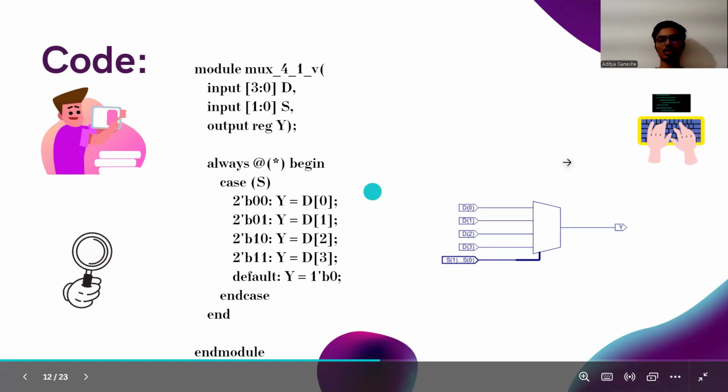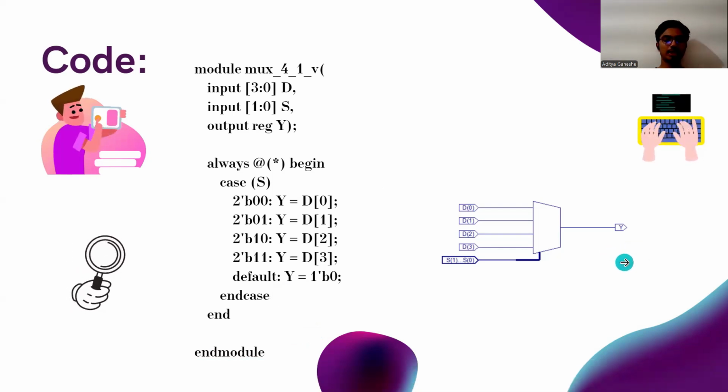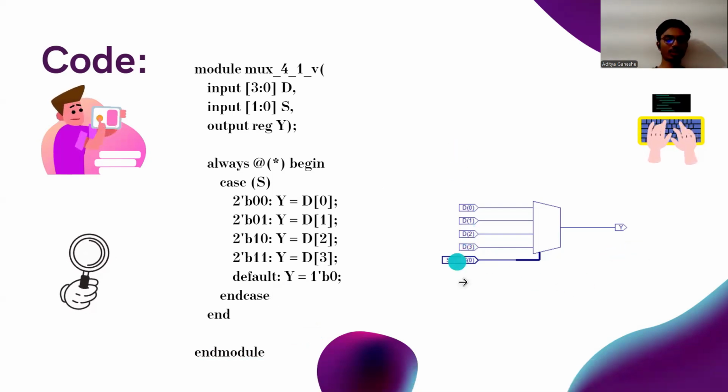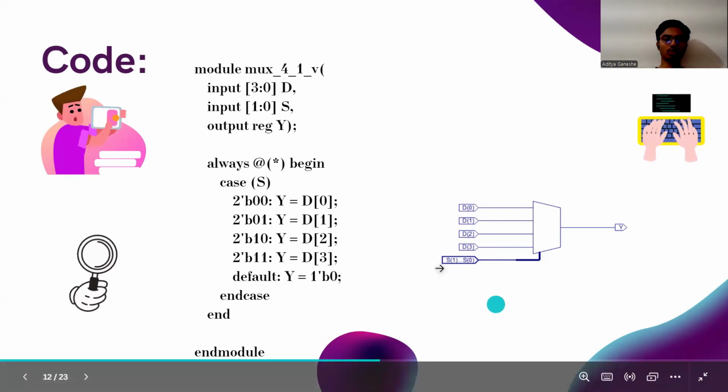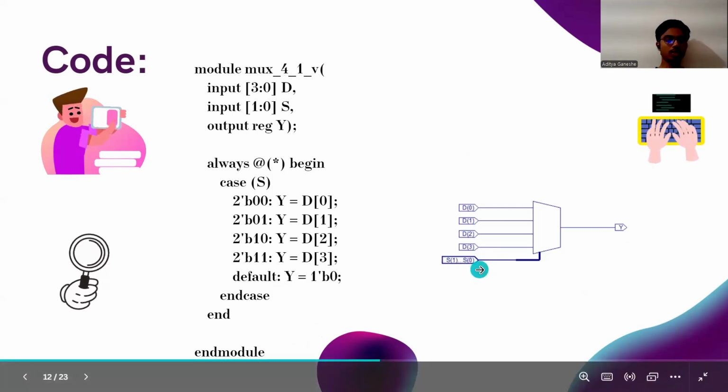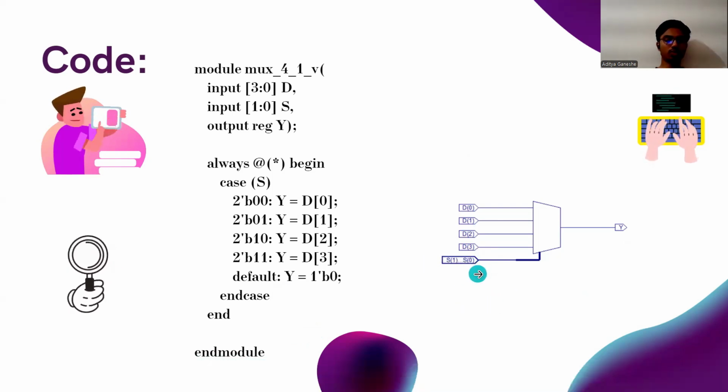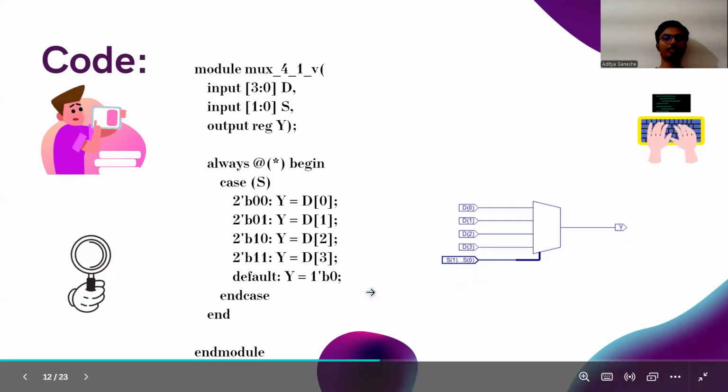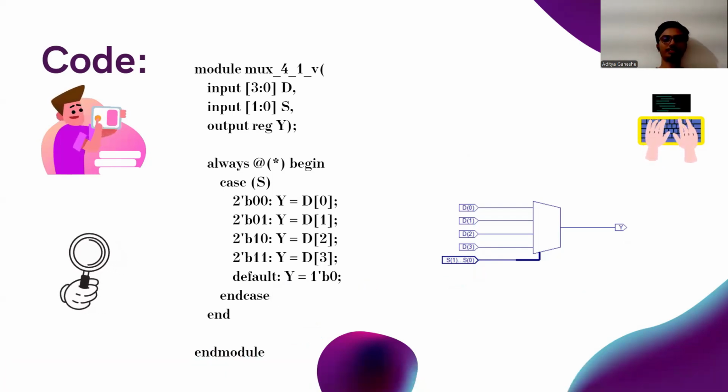As we can see in this RTL schematic, the output value Y reflects the selected inputs from D based on the values of S, that is S0, S1, with a default value of 0 for invalid selection states. So this is the basic code for the 4 is to 1 mux.